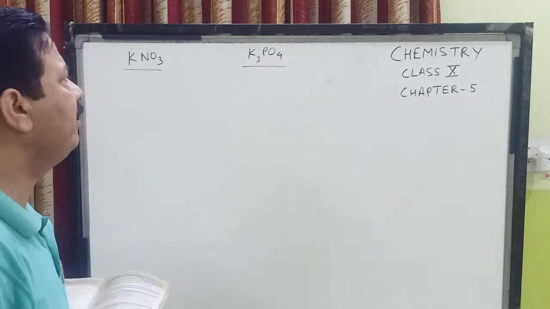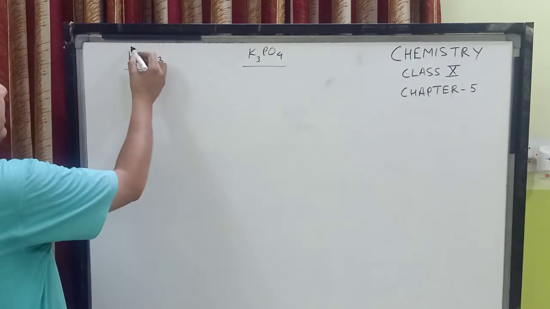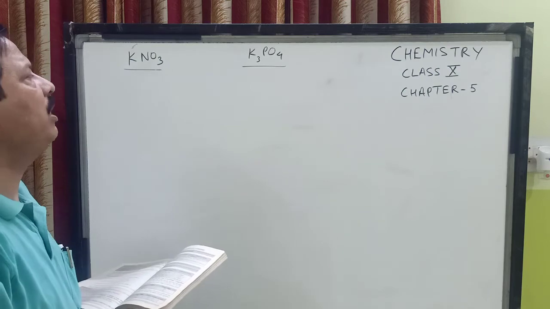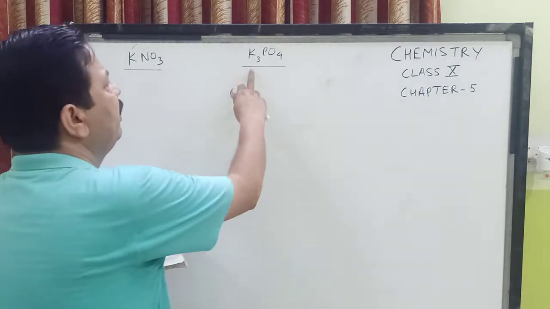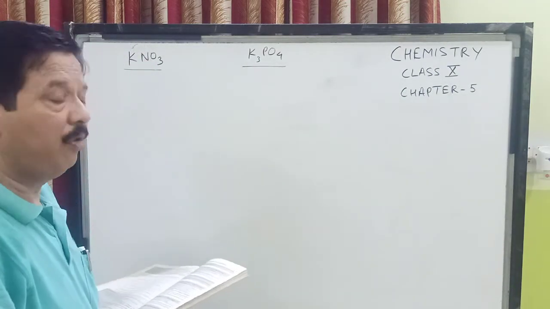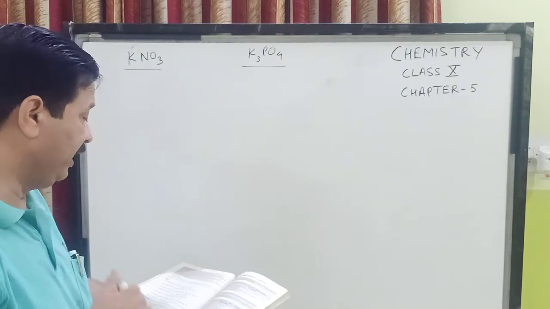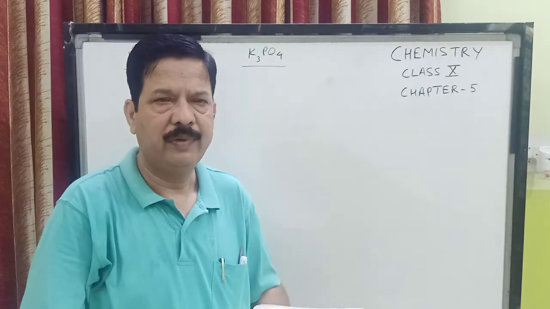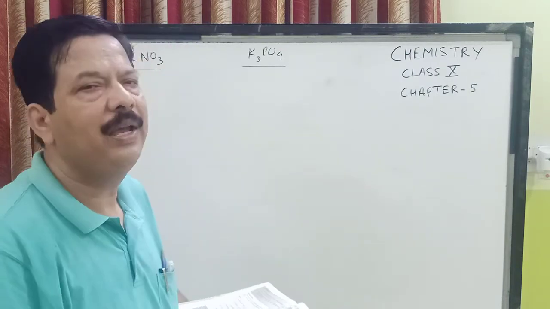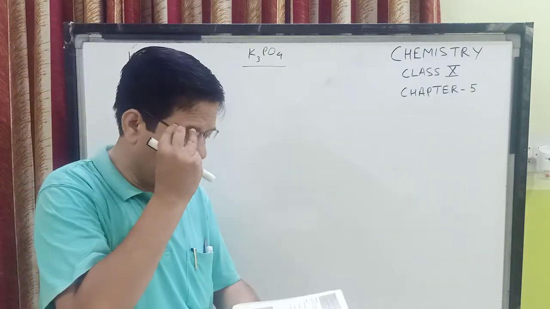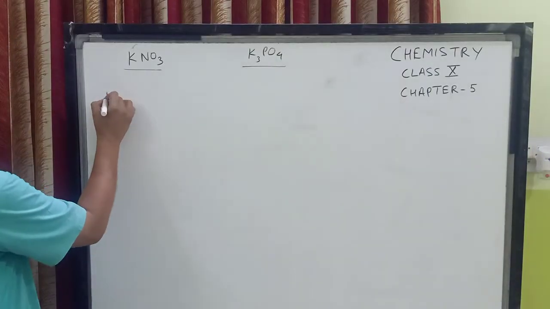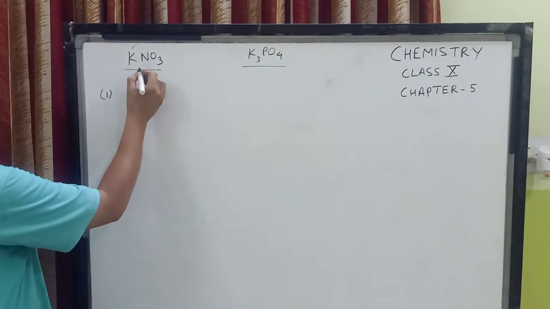For this, we are going to find the percentage of potassium present in potassium nitrate, and the percentage of potassium present in potassium phosphate. The compound with the higher percentage will be the better potash fertilizer.